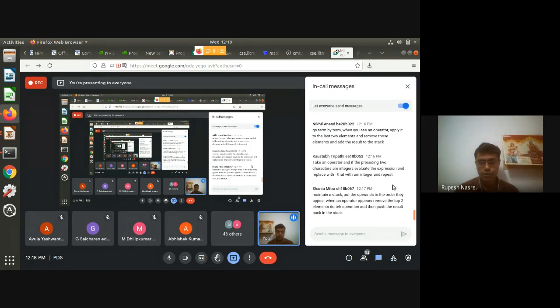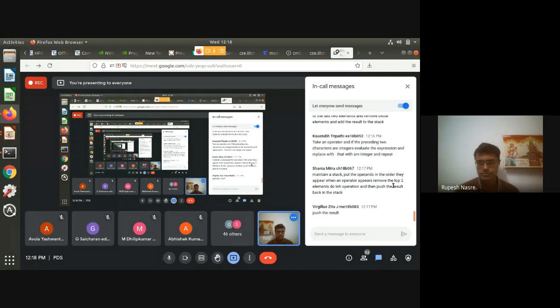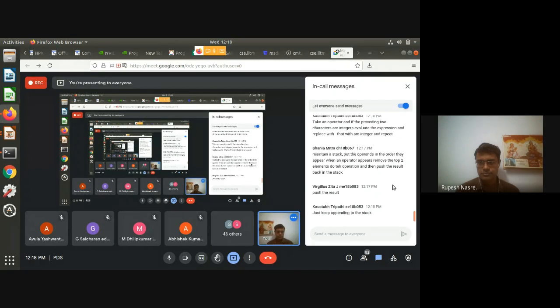And I don't know about the else part. What happens if the last two characters are not integers? What happens, Kaustubh? Just keep appending to the stack. I see. Okay.